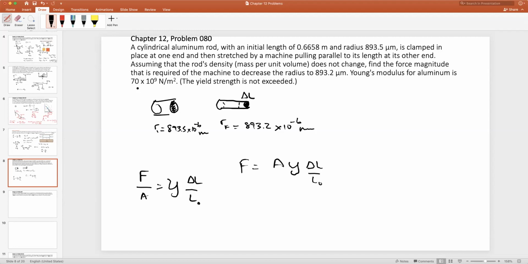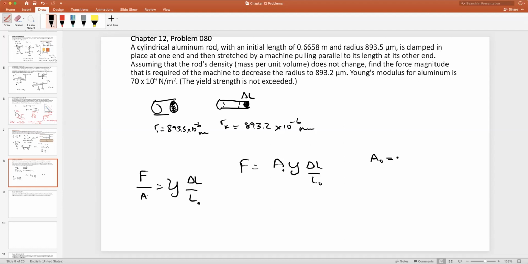We can easily figure out what the original cross-sectional area was, and we can multiply it by Young's modulus. What we don't know is what delta L is.